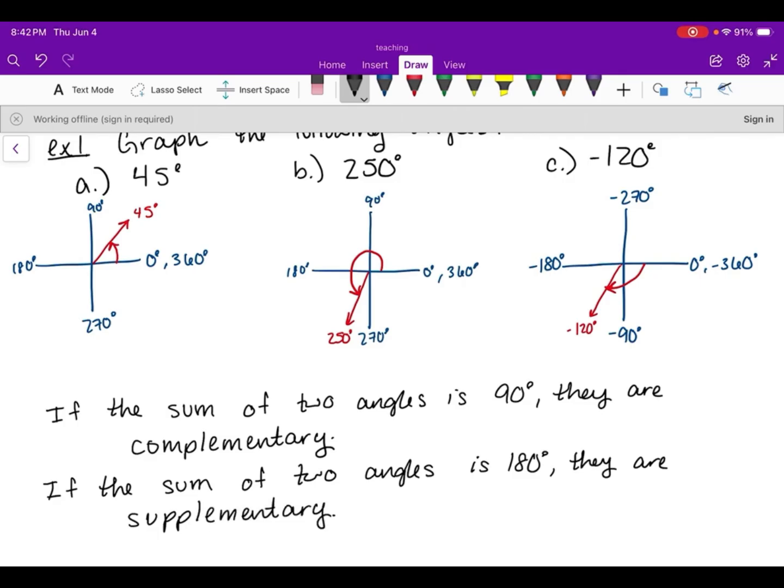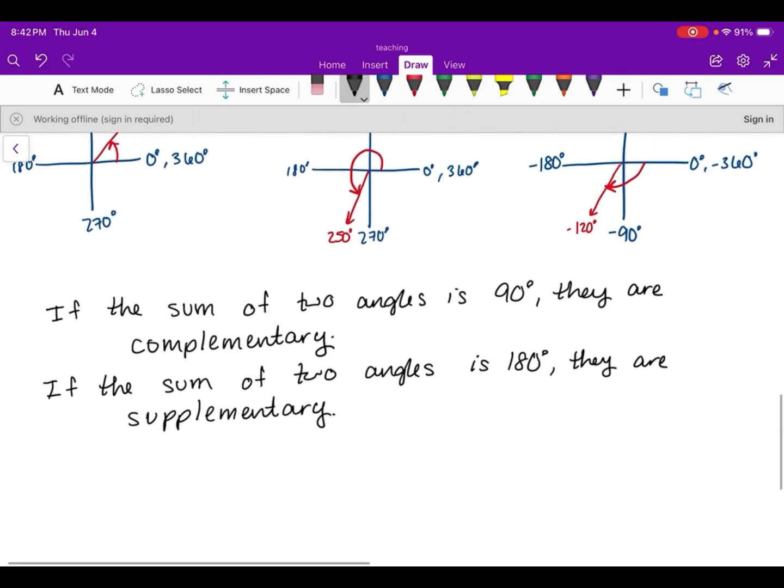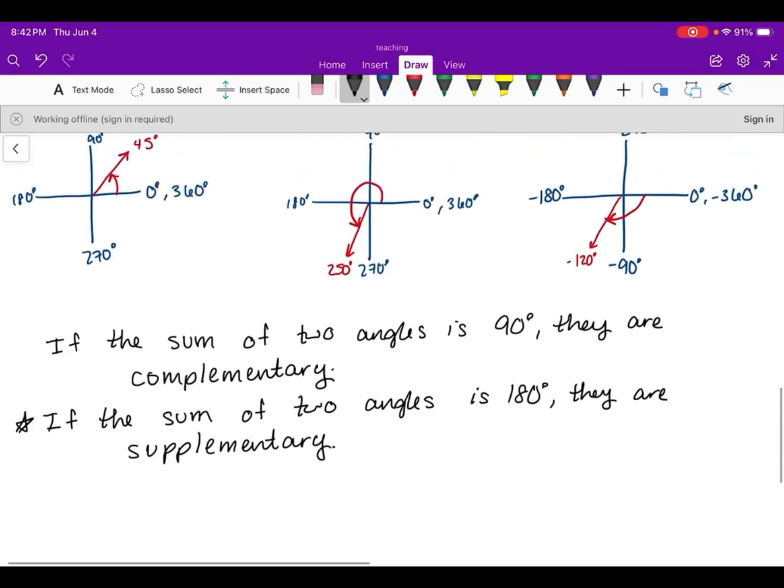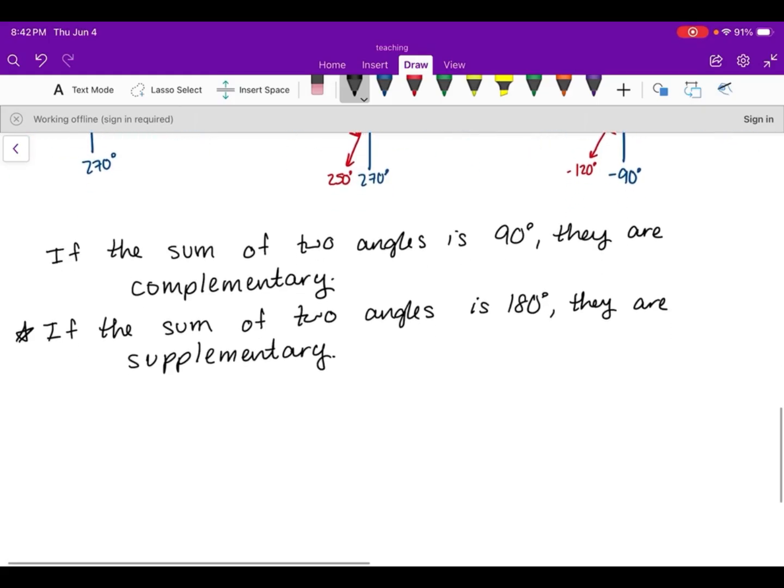Supplementary angles are a bit more common to see in our content than complementary, but that is something that will come up later in our classes. We may just run into this kind of randomly, honestly. So that's good to know.